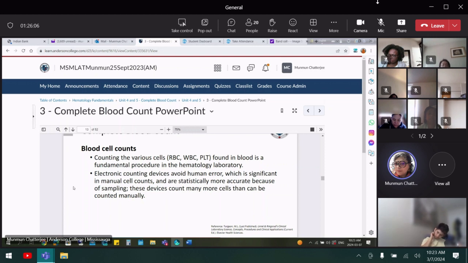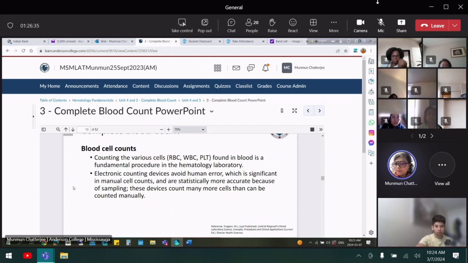Experts were really good at manual counting, but it's still better to use electronic counting because the technique is uniform for every sample. That's why it's important now.